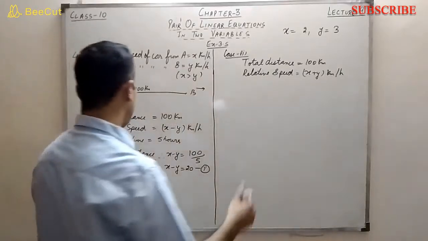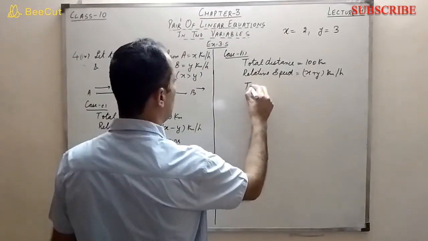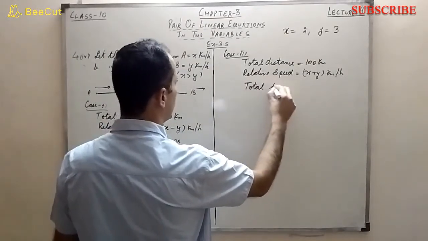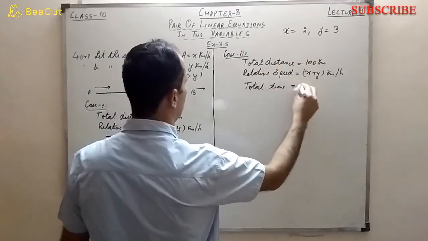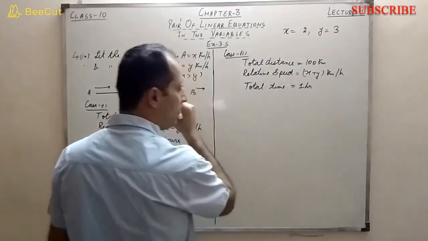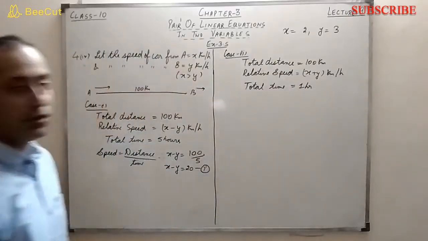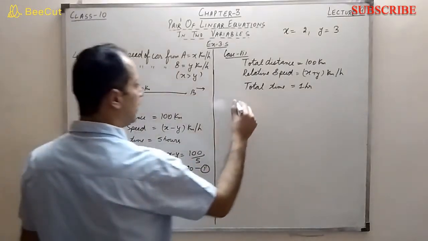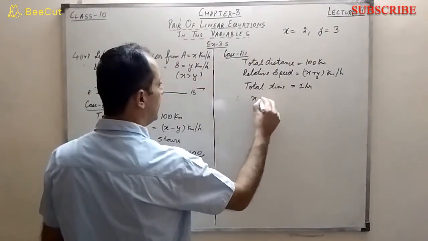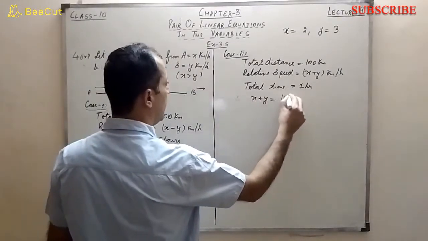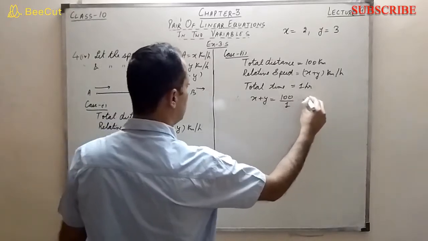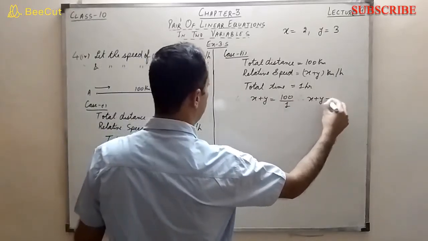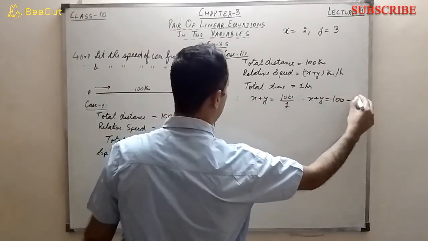Now the time they take to meet is 1 hour. Again we can apply the formula speed is equal to distance upon time. So x plus y is equal to 100 by 1. Therefore x plus y is equal to 100. This is my second equation.